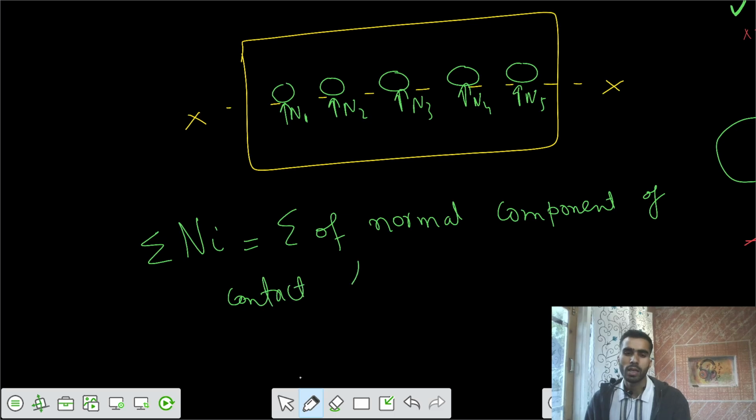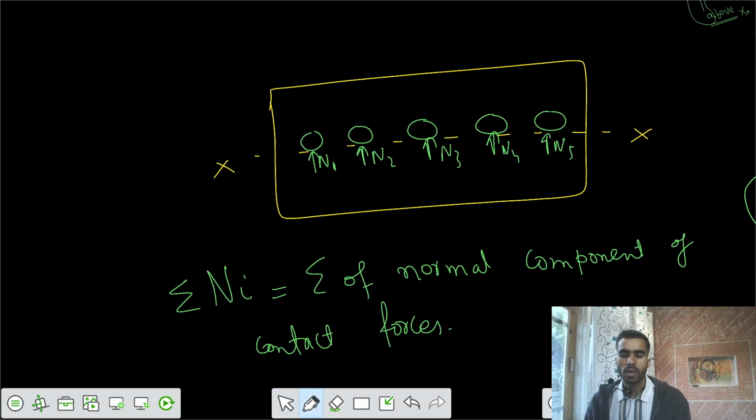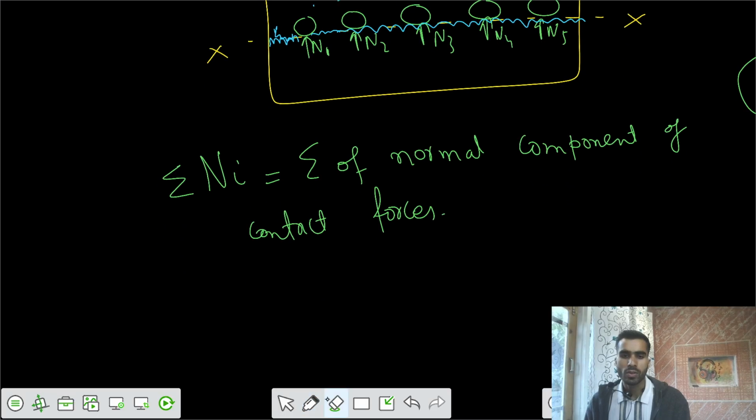Okay, and there will be some pore water also, which is developing some pressure. Let's say there is some pore water pressure U. That's also resisting the load upwards. That's the downward load, the total weight above.